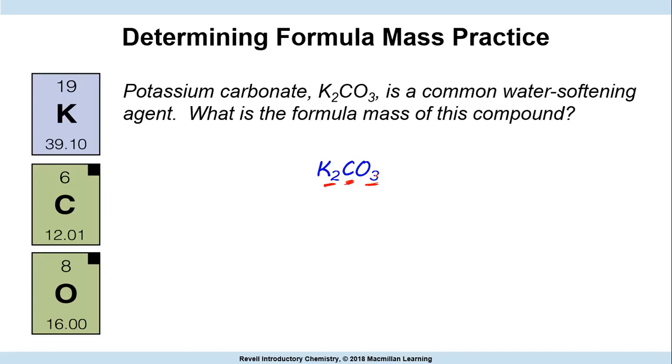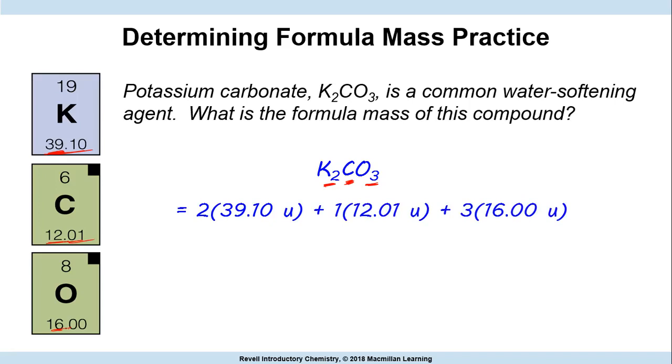So to calculate the formula mass of this compound, we are going to take 2 times the mass of potassium, which is 39.10, plus 1 times the mass of carbon, which is 12.10, plus 3 times the mass of oxygen, which is 16. So 3 times 16. And we sum all of that, which is going to give us the formula mass of potassium carbonate. So let's go ahead and do it.